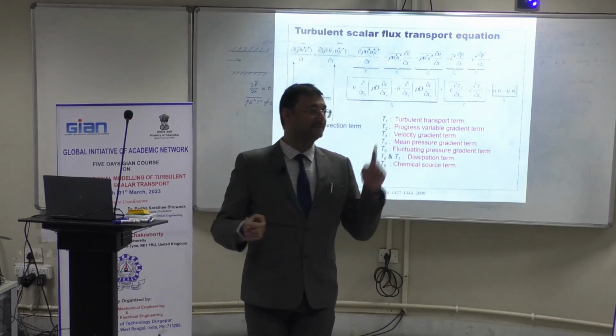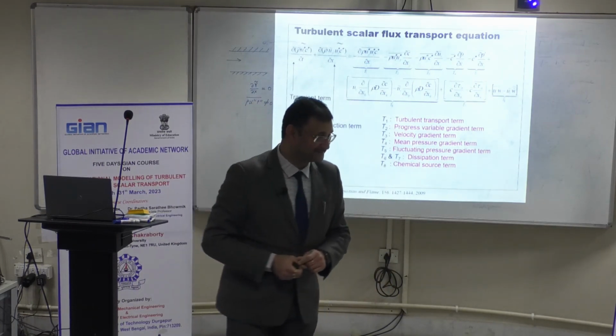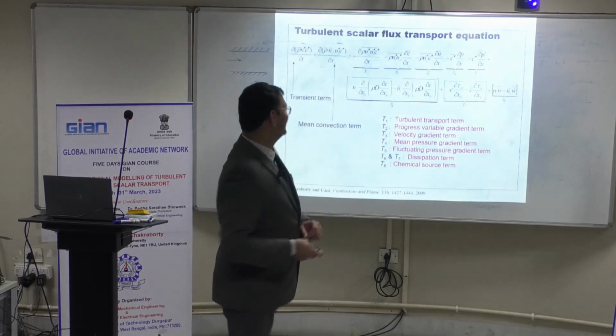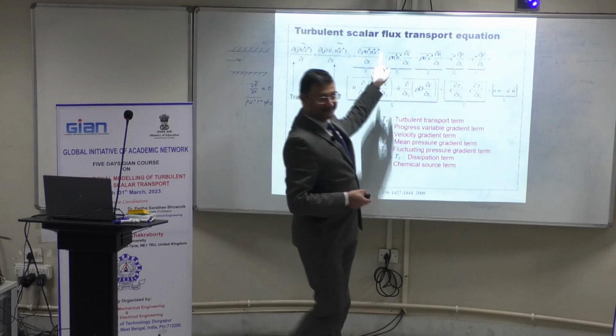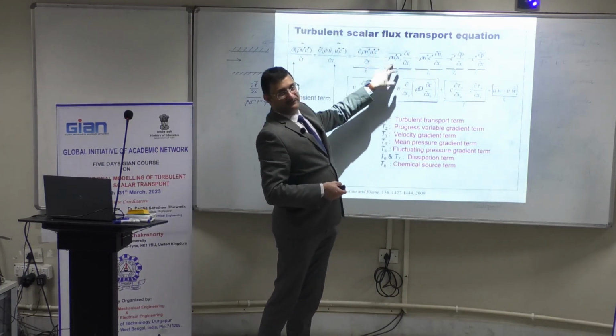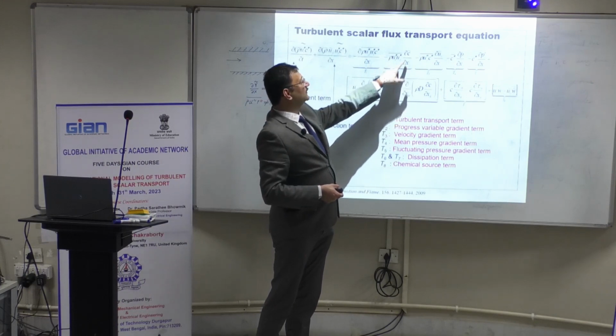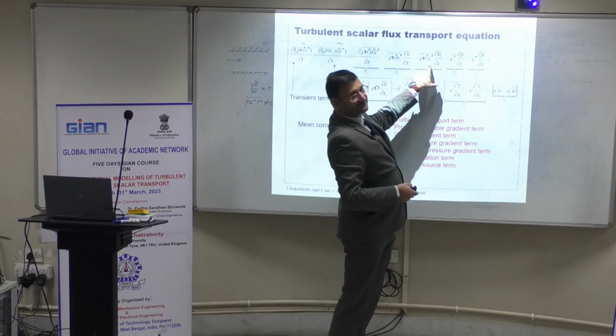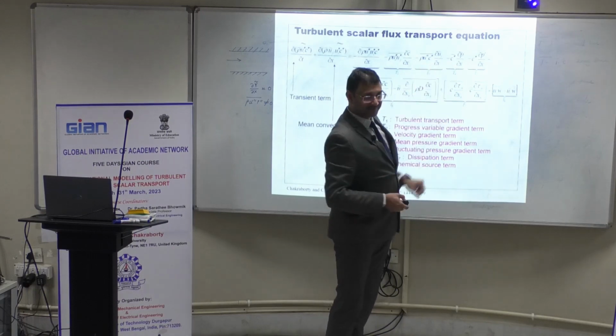It is the scalar flux of the scalar flux. Okay? Very strange. This one is the generation of scalar flux because of mean scalar gradient. This is the scalar flux generation due to mean velocity gradient.